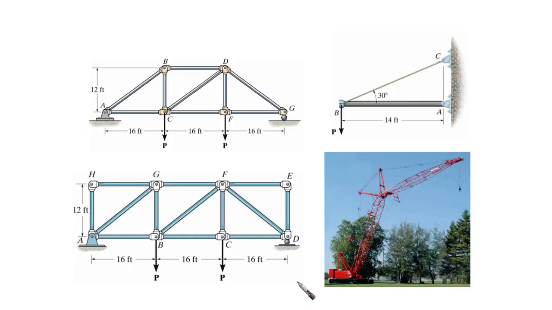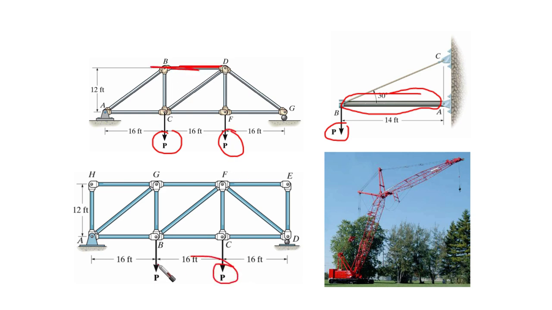Another thing related to compression members is that we are generally going to find them in trusses. As we said, this member, for example, here, is considered to be under compression under this loading condition. In trusses in general, if we have loading here, we expect this member to be under compression.